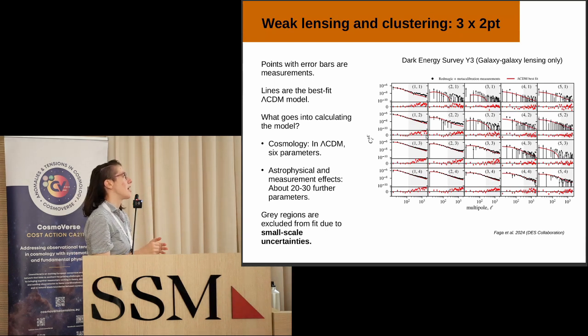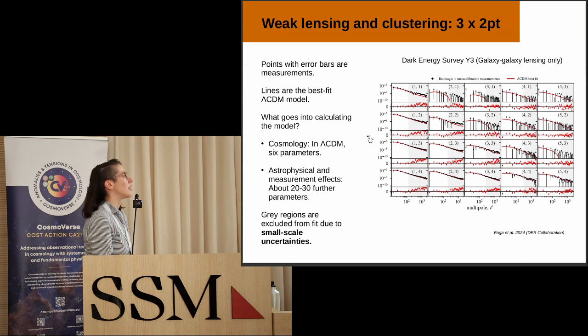And so, of course, we're here to talk about things like systematics. So cosmological model, maybe it's 6 parameters, maybe it's 7 or 8 if we're getting really exciting. But of course, the best fit model here, which is shown in red, also includes many systematics parameters. And so that might be 20 to 30 in this specific case.